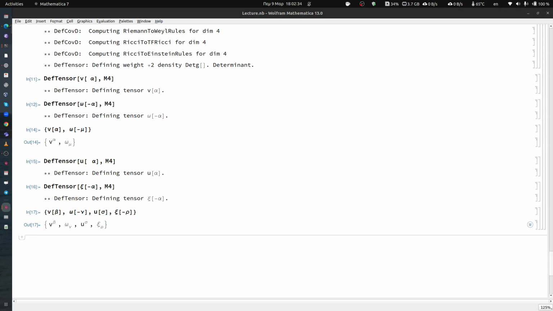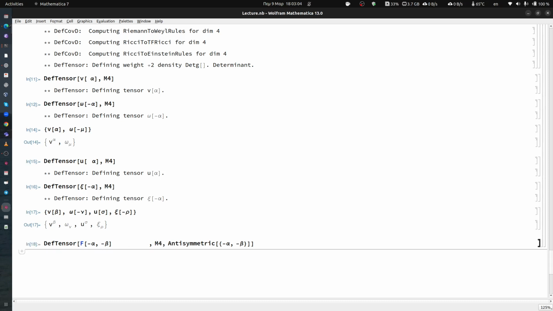We can give our tensors more complicated properties, like a specific symmetry. So this is a 0-2 tensor. It's called F, has two indices downstairs, alpha and beta. It is related to the manifold M4, and it is anti-symmetric with respect to the exchange of those two indices.